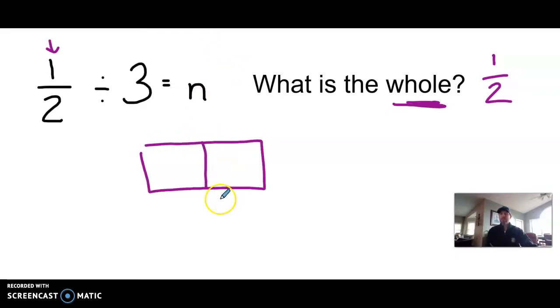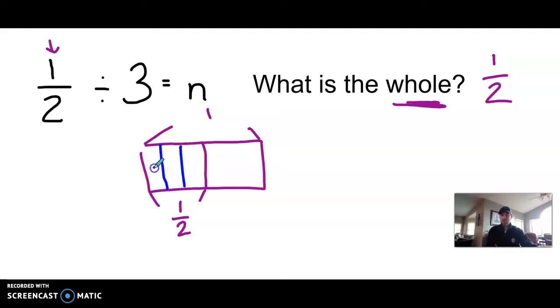And again, showing a model with a label is truly important. So I have 1/2. Here is my one whole of my candy bar or brownie. And now I'm going to take it and divide it into 3 pieces. So I'm going to cut this one in and this one.